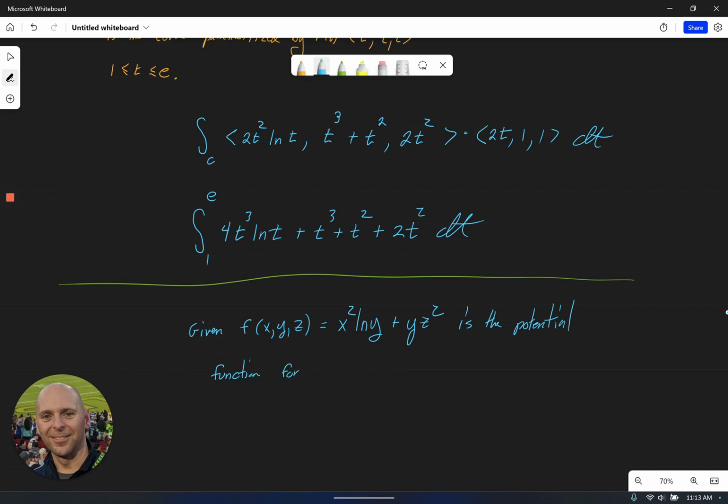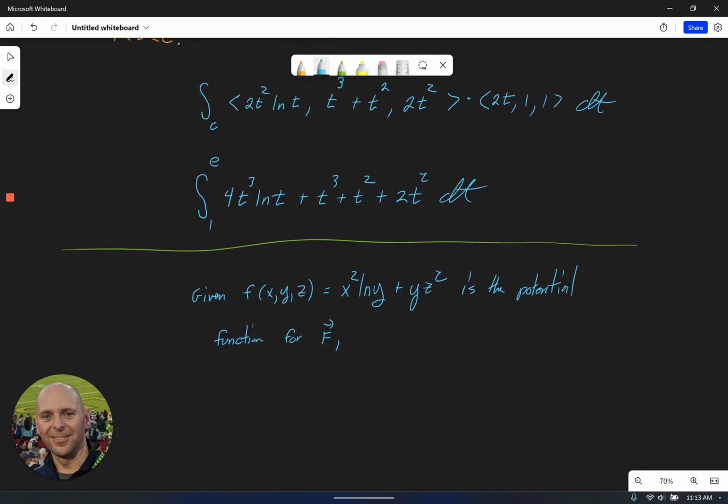So if we have that this is the potential for our vector field, then by the fundamental theorem of line integrals, we simply have to evaluate that at the end and at the beginning, much like any other integral. So really just applying it as if we were interpreting this potential function as the antiderivative of the field itself.